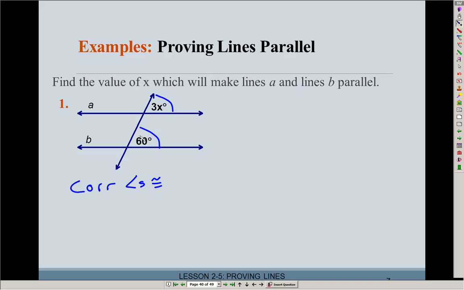So let's make these measures equal each other. 3x equals 60. Solve for x. And x has to be 20. So if x is 20, then these lines are parallel. Because if x is 20, then those angles are congruent. And when corresponding angles are congruent, the lines have to be parallel.